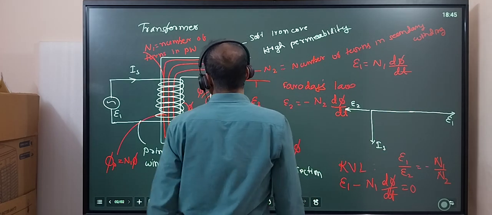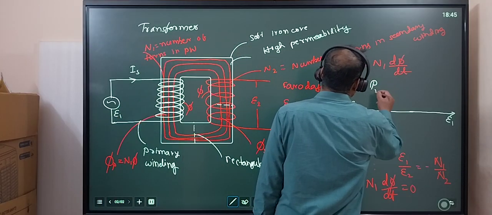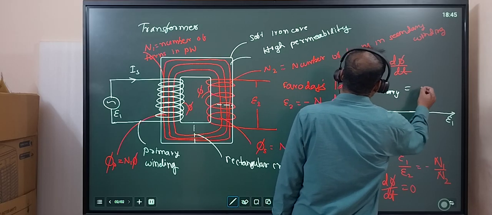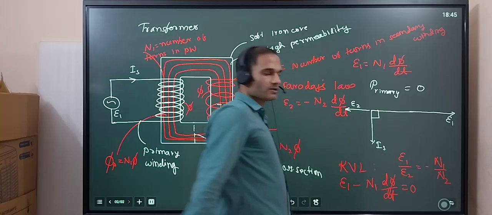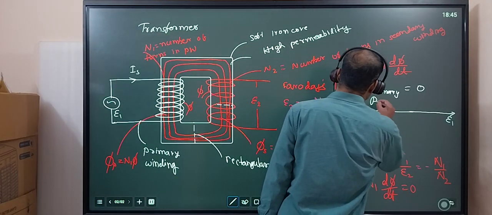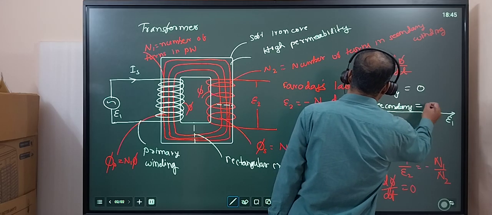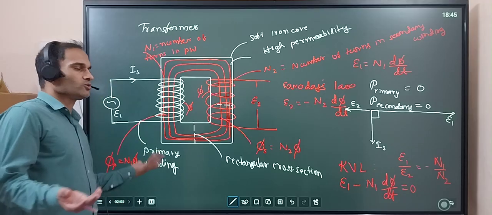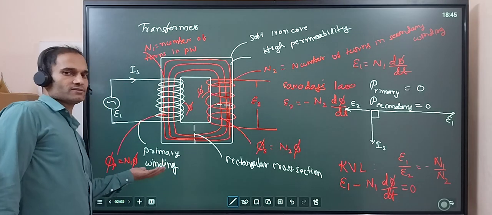So P primary is going to be 0 because of this phase angle, and P secondary is also 0. Why is P secondary 0? Because there is no current. So there is no power.